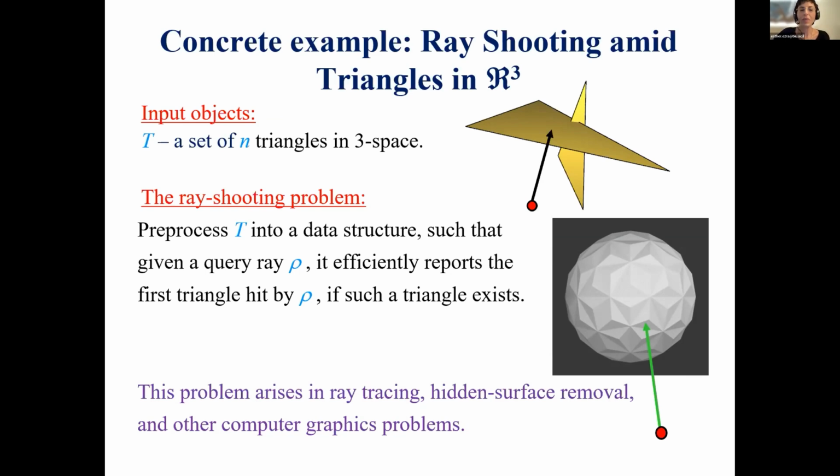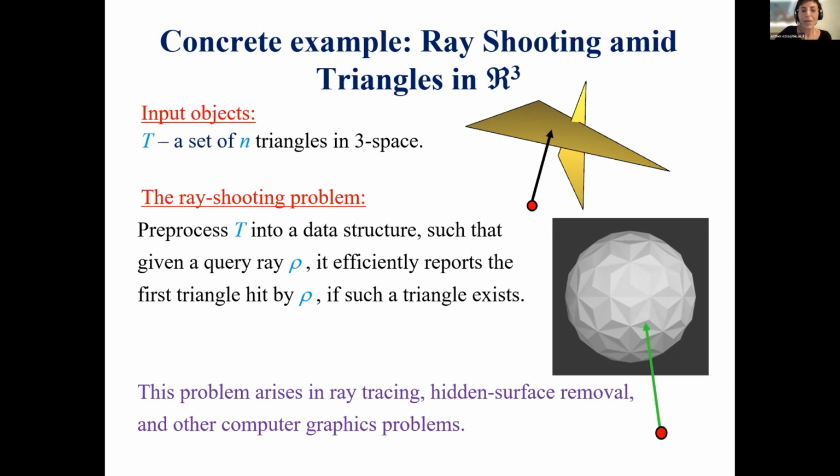The ray shooting problem is to preprocess T into a data structure such that, given a query ray rho, it efficiently reports the first triangle hit by rho if such a triangle exists. This picture is an example of ray shooting with respect to a polyhedron in free space whose facets are all triangles.